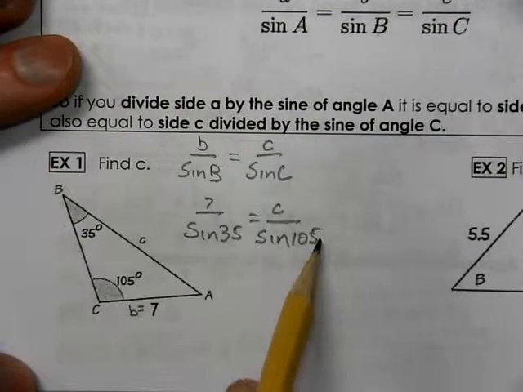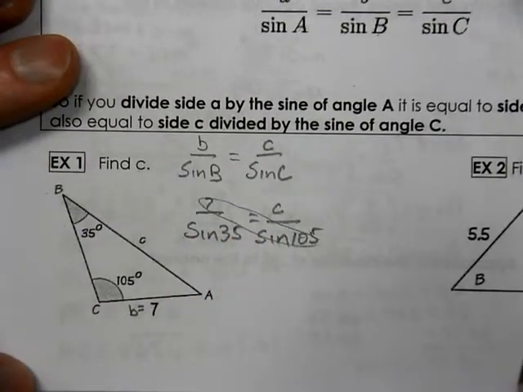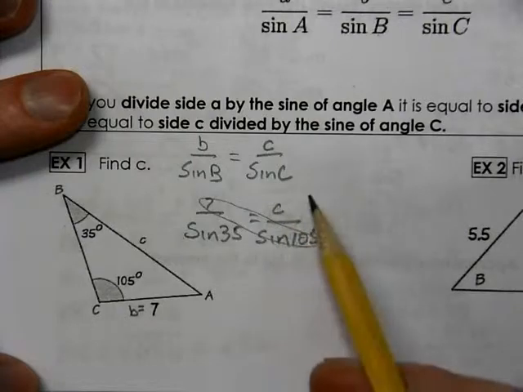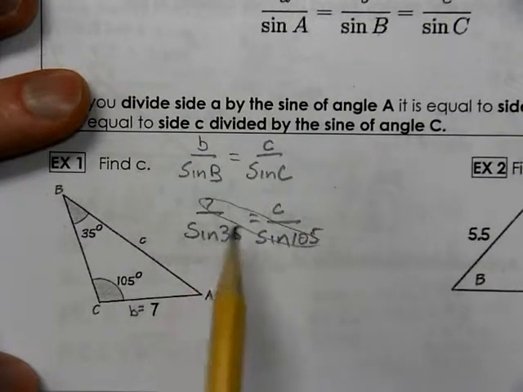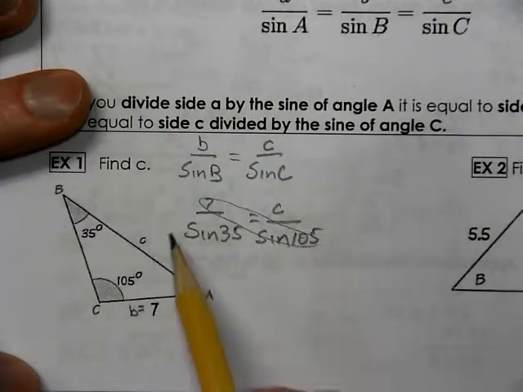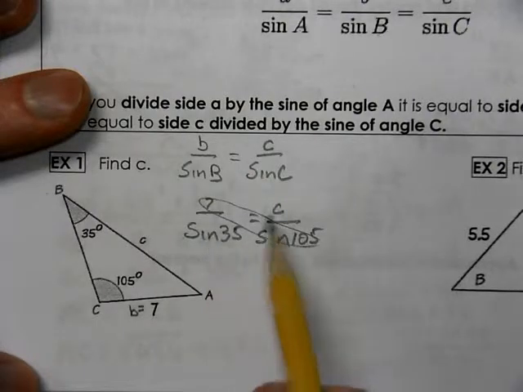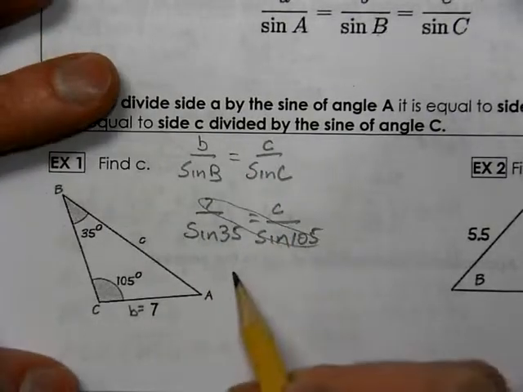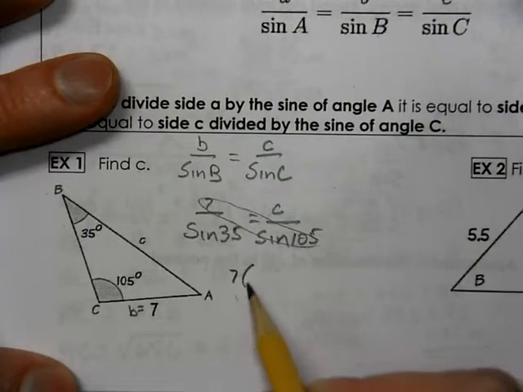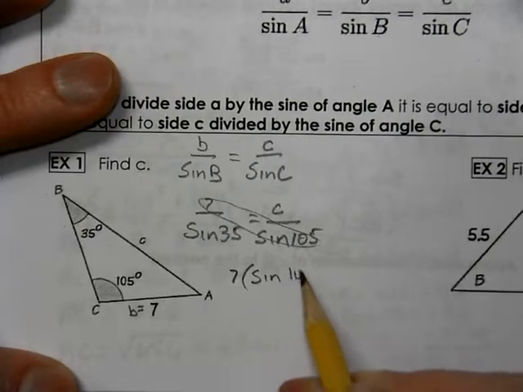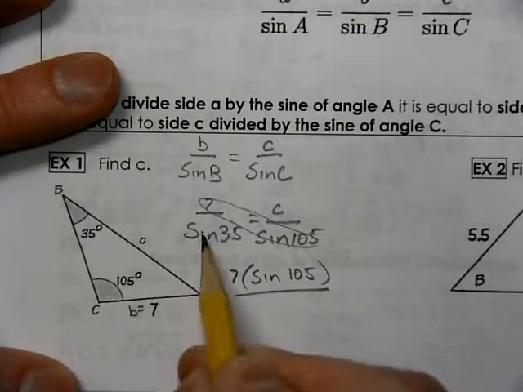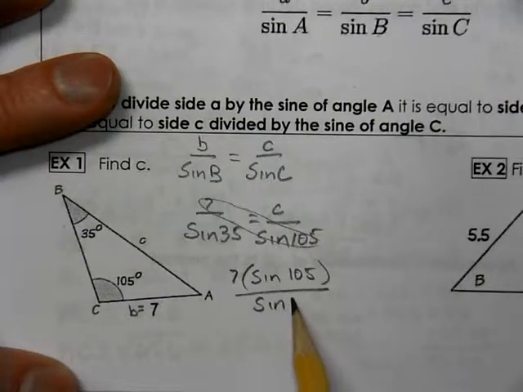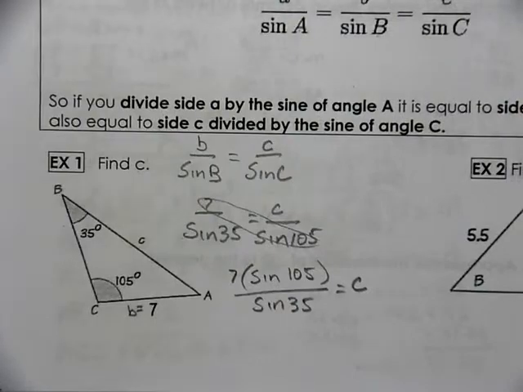Now we're going to cross multiply. We could cross multiply both directions if you want to, but we'll end up dividing by sine of 35 anyway to get c by itself. So we're going to take 7 times the sine of 105 divided by the sine of 35. That gives us c all by itself.